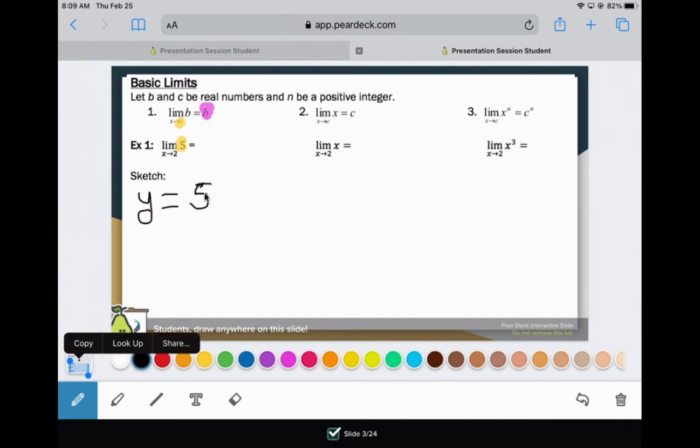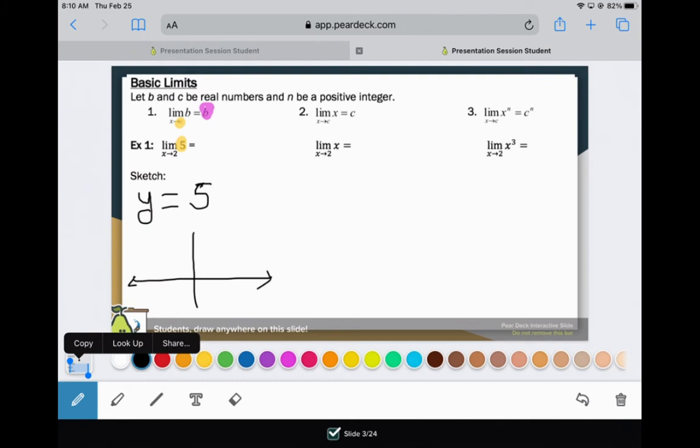This is your Algebra 2 or pre-cal skill. What kind of graph is this? It's a horizontal line, right? Yes, it is a horizontal line.